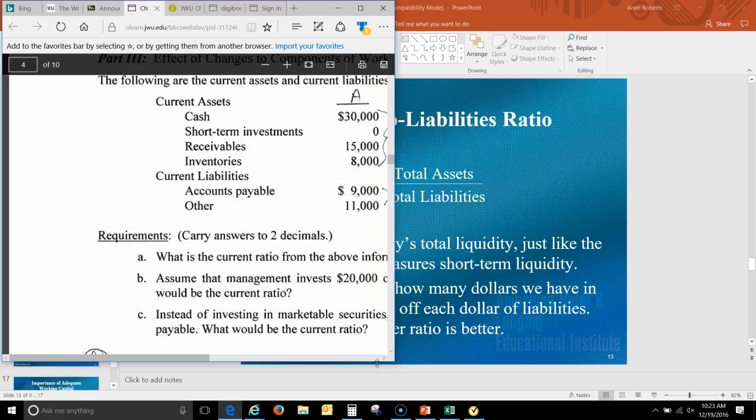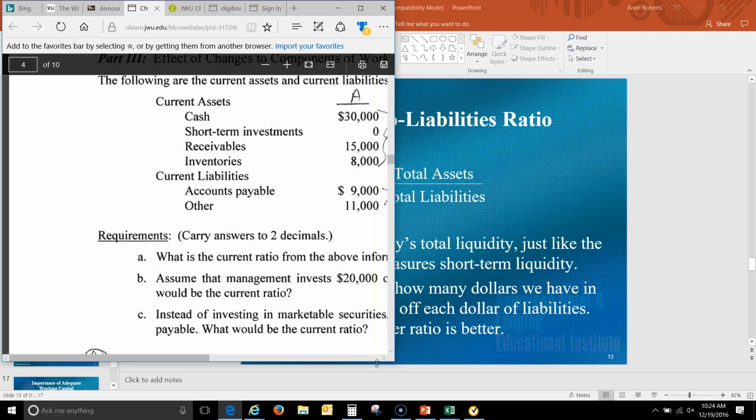So let's think about what would happen with B. If we took some of that $30,000, took $20,000 of this cash and we moved it into short-term investments, what would be the current ratio? Would it be the same or would it be different from A? Exactly. It would be exactly the same.